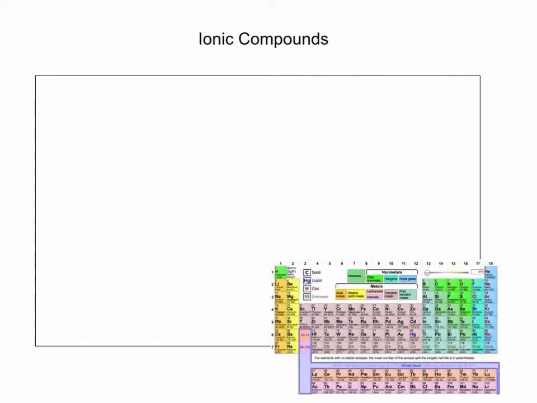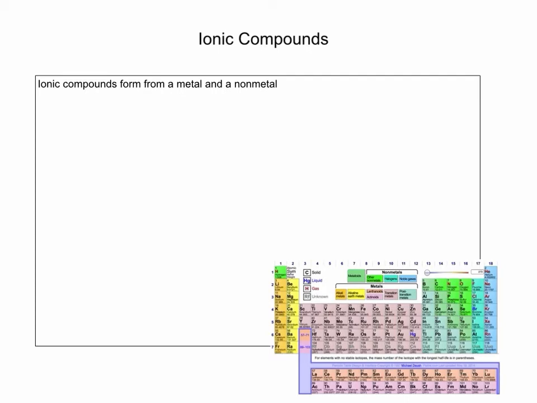So what does that tell us about ionic compounds? Well, ionic compounds form from a metal and a nonmetal. The left side of the table are the metals, the right side of the table are the nonmetals.